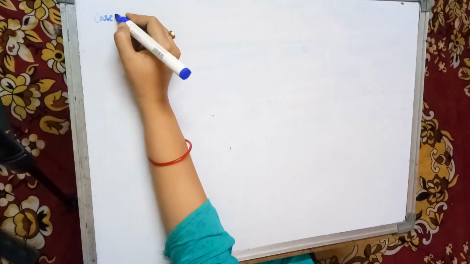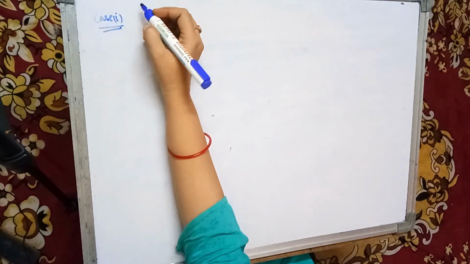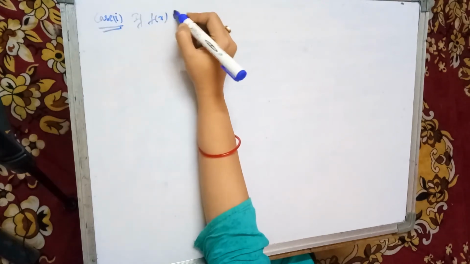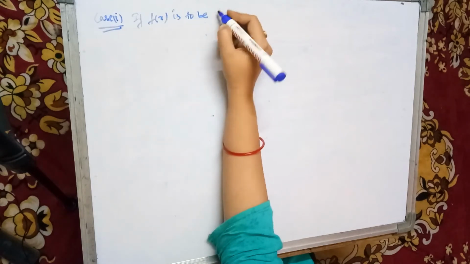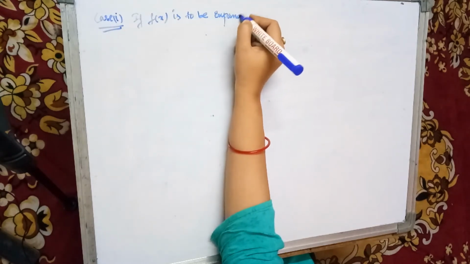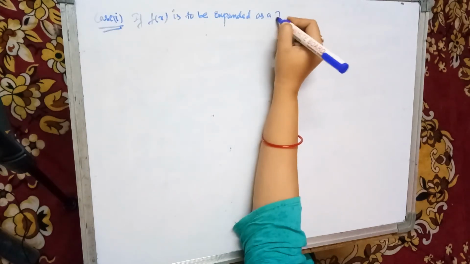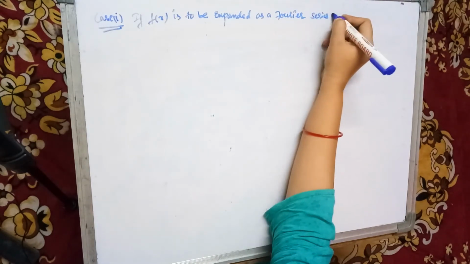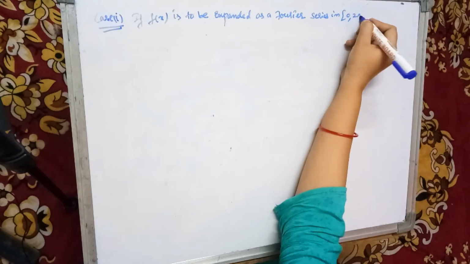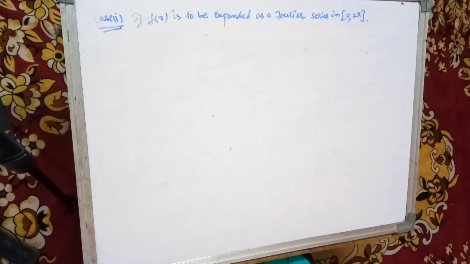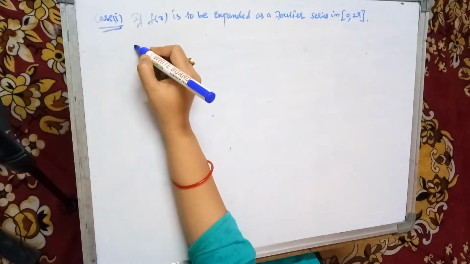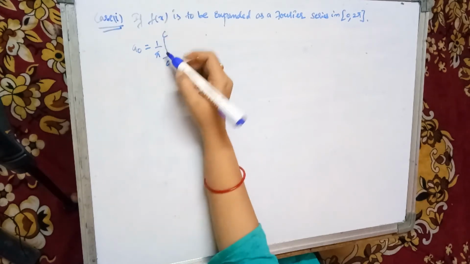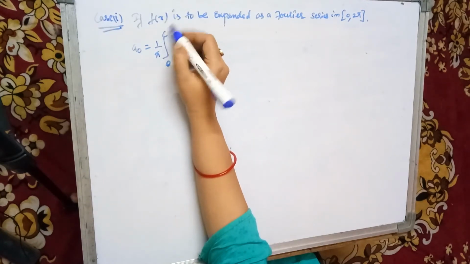Let's see how you are going to represent them. First, case 1: if f of x is to be expanded as a Fourier series in 0 to 2 pi, when it's mentioned in the interval 0 to 2 pi, your a naught is equal to 1 by pi integrating 0 to 2 pi.